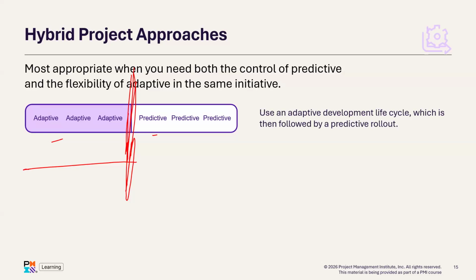Right. So this is one example of a hybrid approach where the initial phase is uncertain. So you need to use the adaptive approach. And then once you cross that hurdle, then you move to the next phase, use predictive approach.